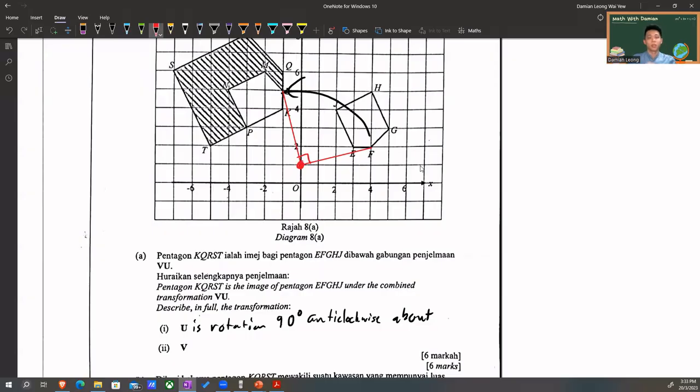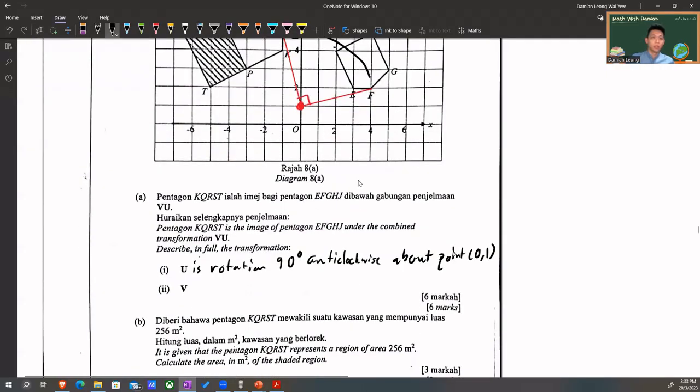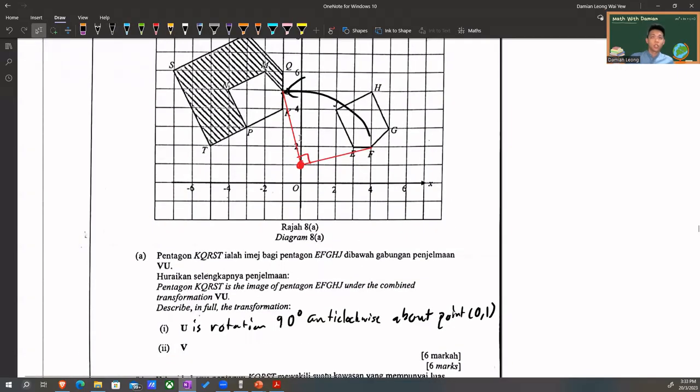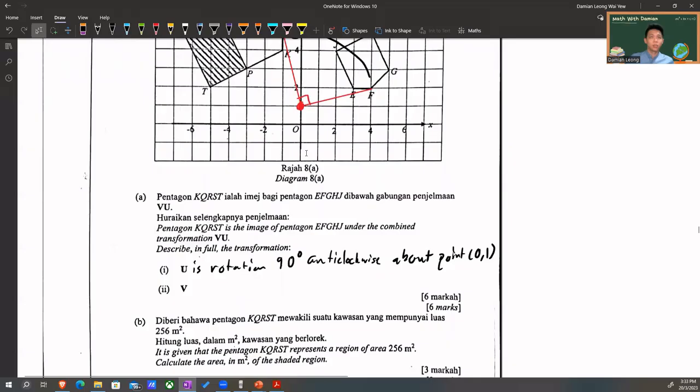So this point is the center of rotation, which is 0, 1. About center 0, 1. V is changing size, definitely enlargement.